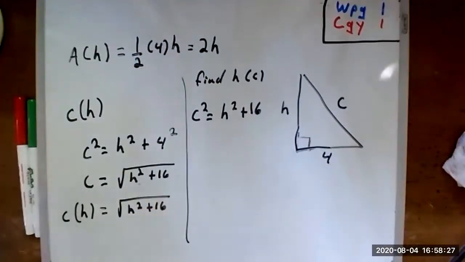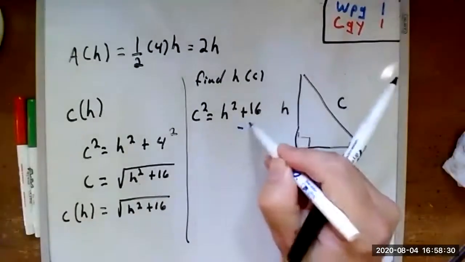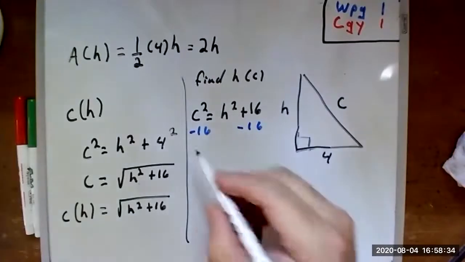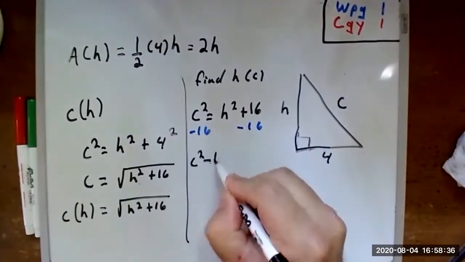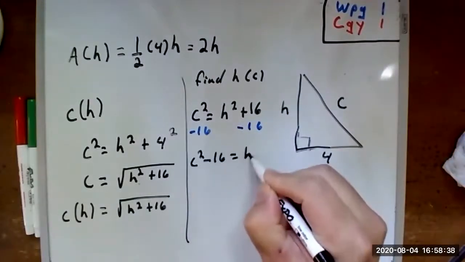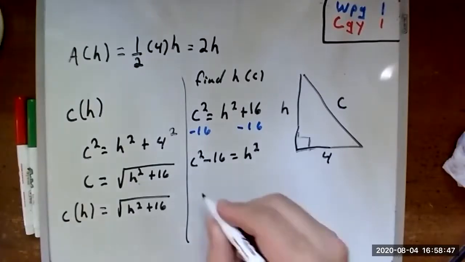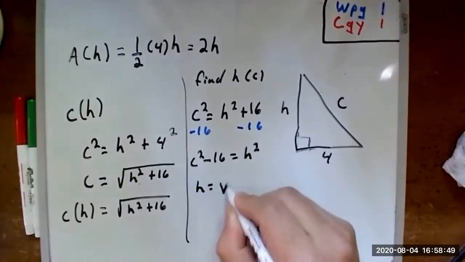So we know that c squared is equal to h squared plus 16. I'm going to get h on its own, so I'm going to subtract 16 from both sides. And when I do that, I will get c squared minus 16 is equal to h squared.